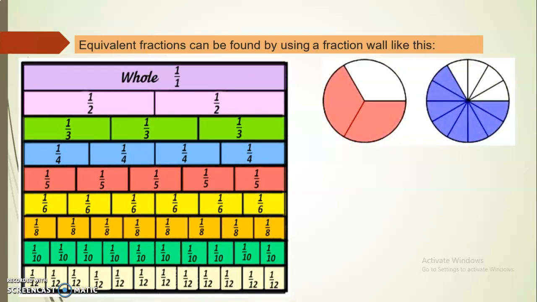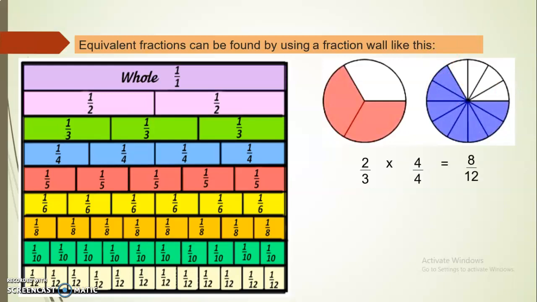Those two circles are divided into a different number of parts. The first one is divided into 3 equal parts, and the second one is divided into 12 equal parts. When I see 3 and 12, what is the relation between 3 and 12? 3 times 4 equals 12.